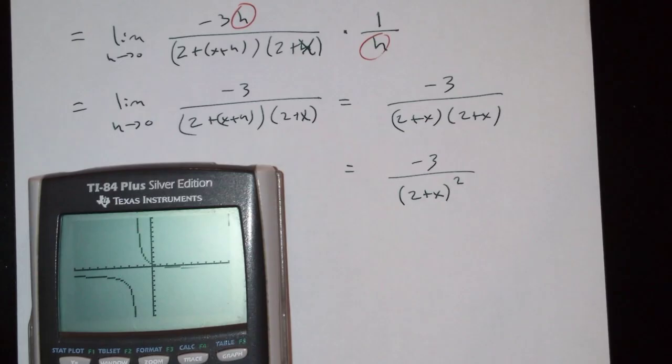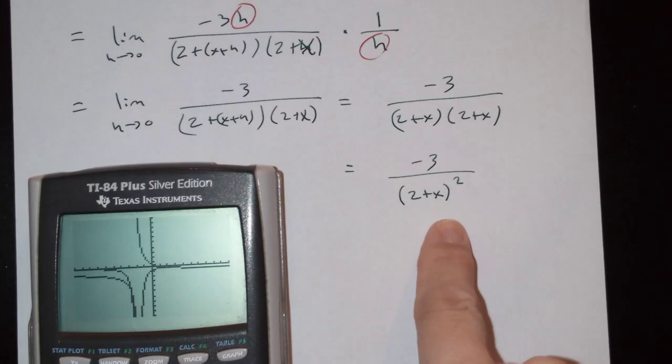Here comes my derivative. This graph, my original f of x, as I go from left to right, is always decreasing. It's always going down. My tangent lines are always negative.